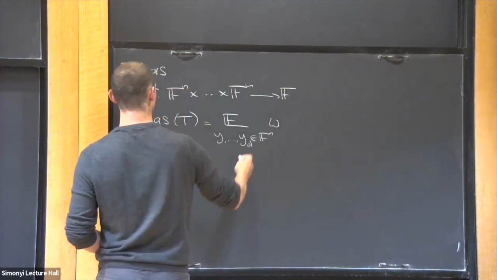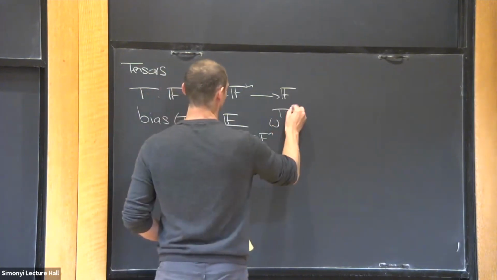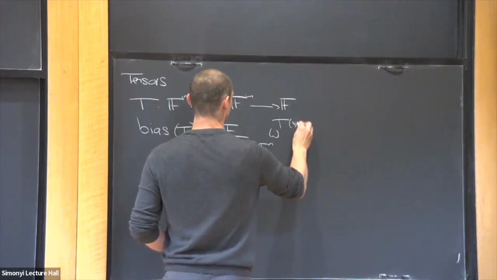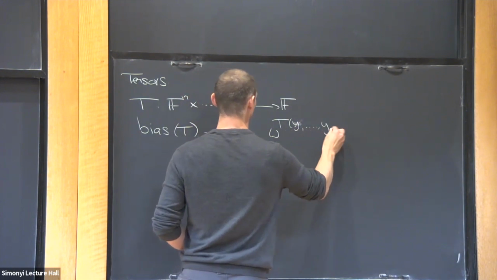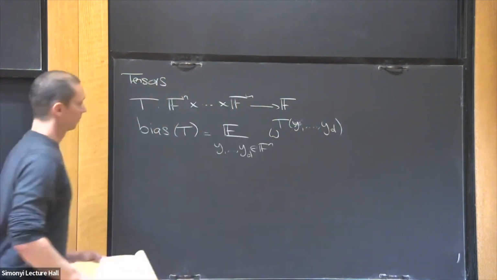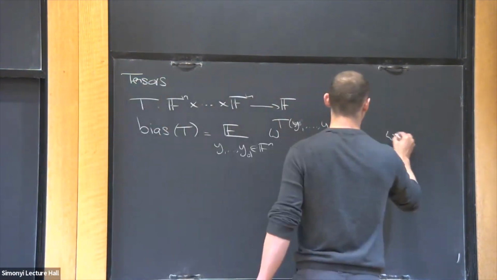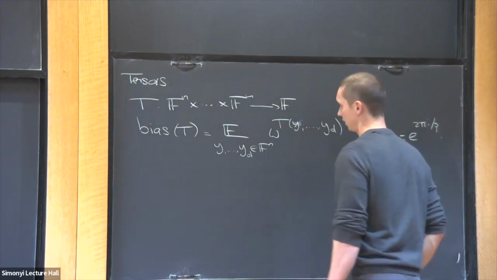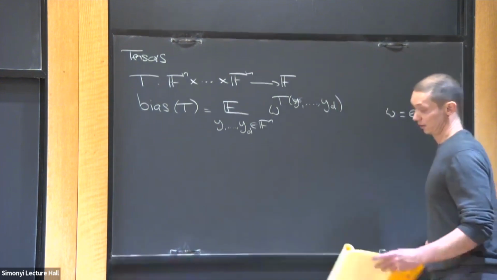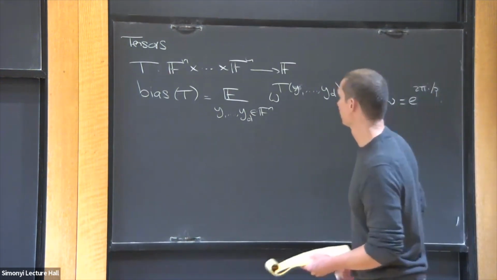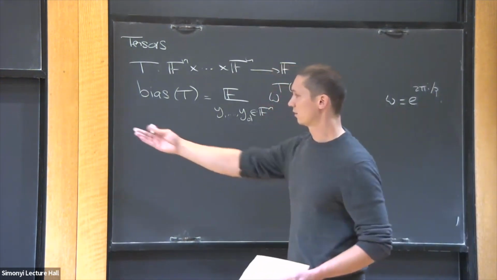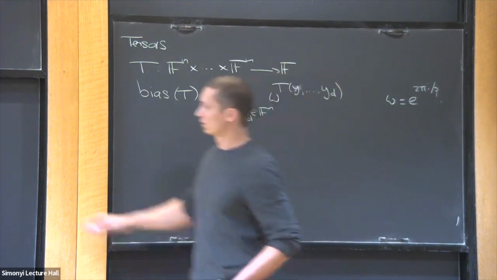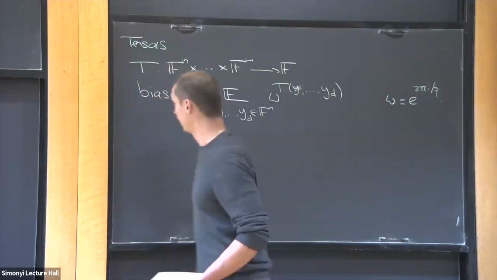Omega here is a pth root of unity, e to the 2 pi i over p, and p is the characteristic of the field. So this is the bias of the tensor. And you can relate this to the kind of expression I've written down for a definition of the analytic rank.